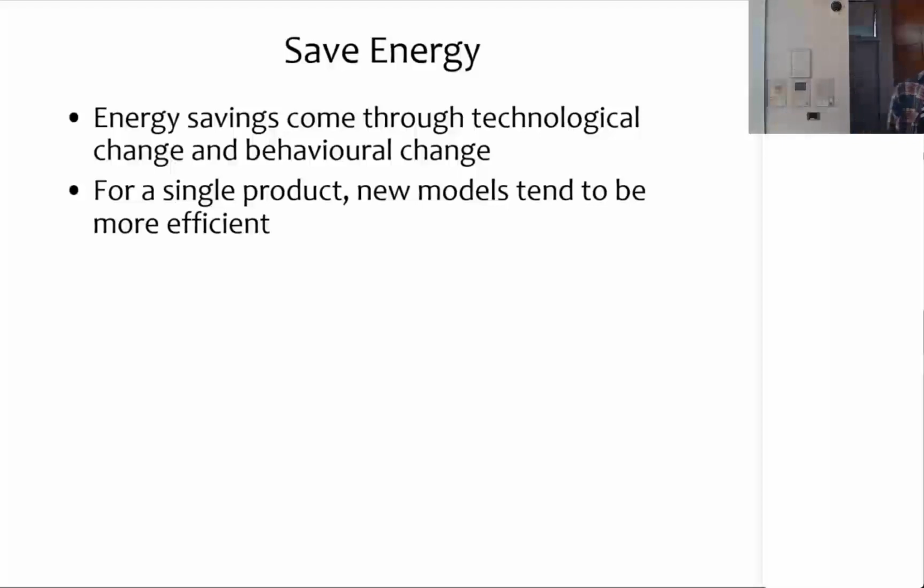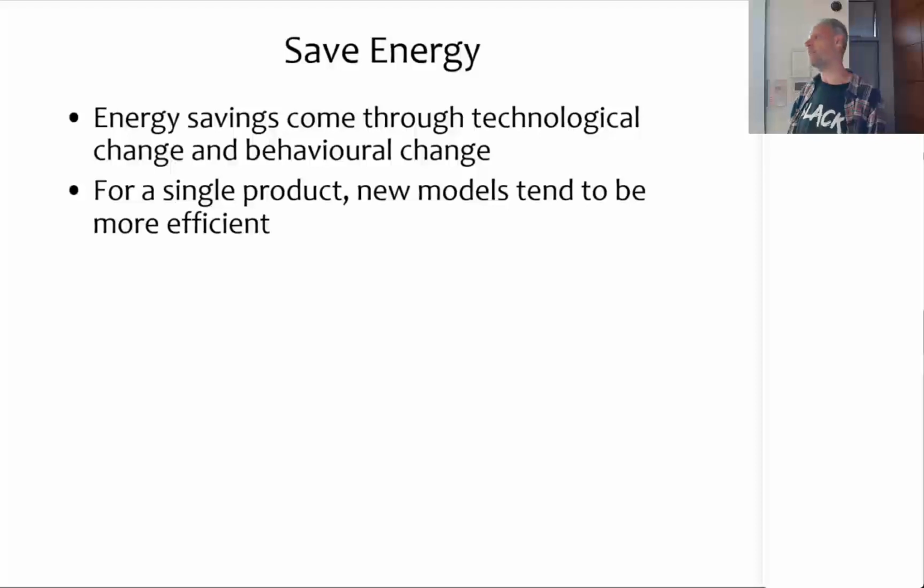So let's look at the options for saving energy. There's essentially two, maybe three routes there. One is better technology, and the other is behavioral change. Now, let's start with technological change.